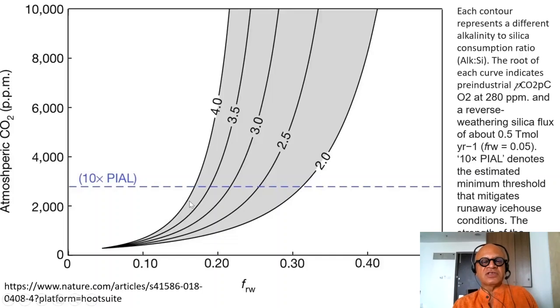We already saw this before. Here we are looking at each contour representing a different alkalinity to silica consumption ratio. So that's the reaction we just looked at.